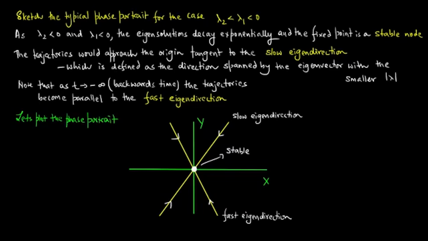That's the stable node. That's where it would be fast, and that's where you'd be slow. And now we go ahead and complete the phase portrait.